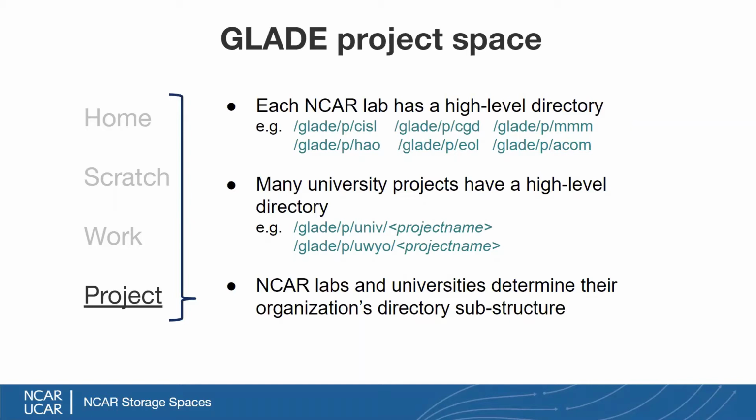Both the NCAR labs and the universities determine their organization's substructure. So what each one of these directories looks like underneath will vary from one lab, one university to another.